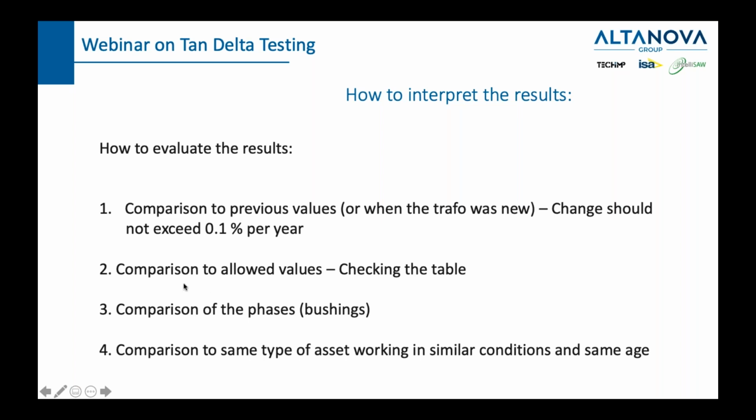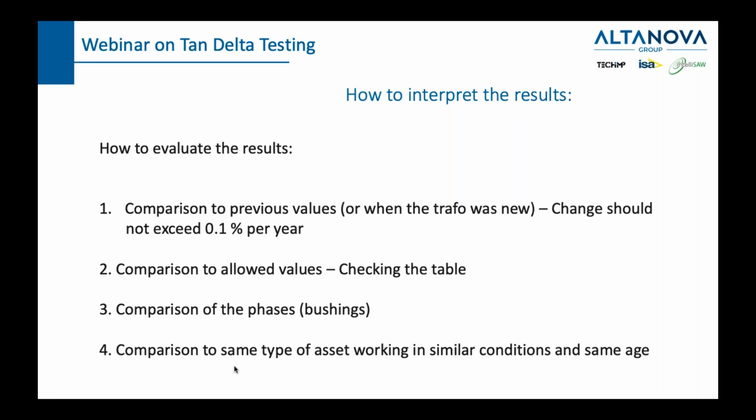Then we compare to the allowed values. For example, we check this table. Or often when we do, let's say, 3 bushings, when we measure each bushing and its tan delta, we can compare the phases. They need to have the same value. If one of them has a higher value, we should investigate that. And then we can also do the comparison to the same type of transformer working in similar conditions and having the same age.